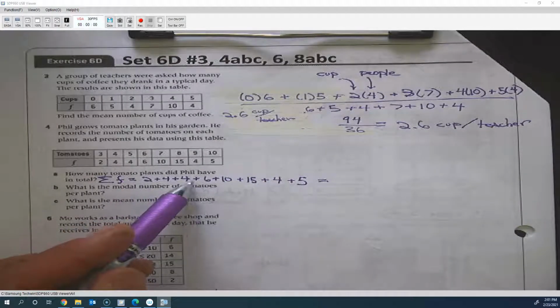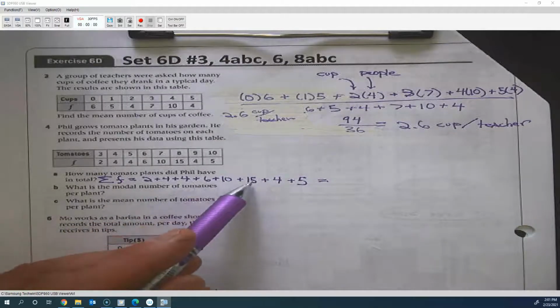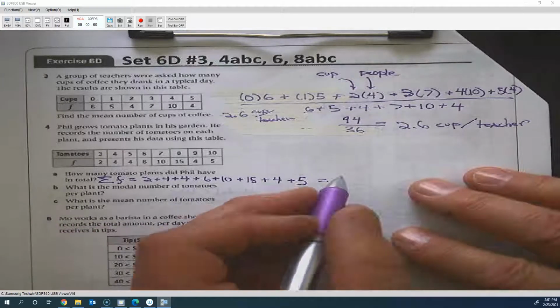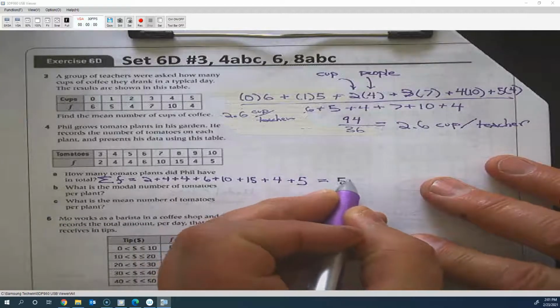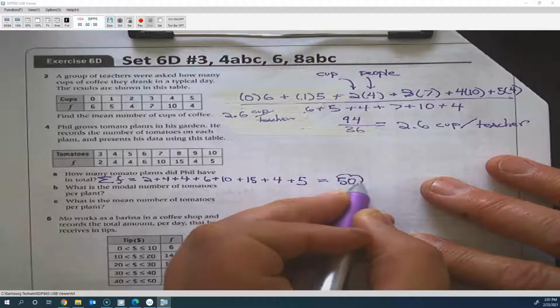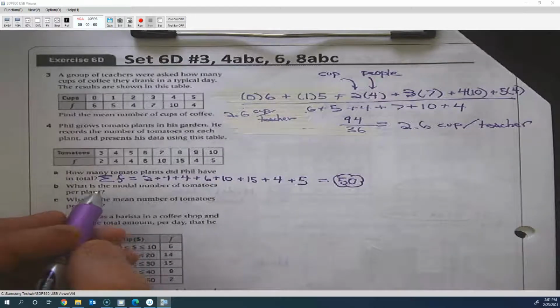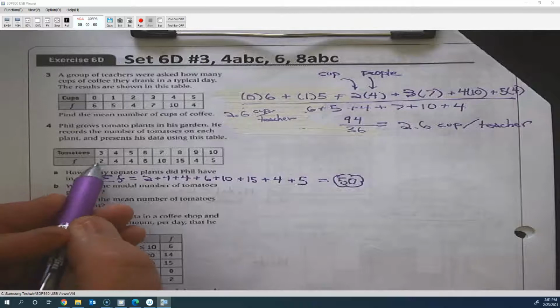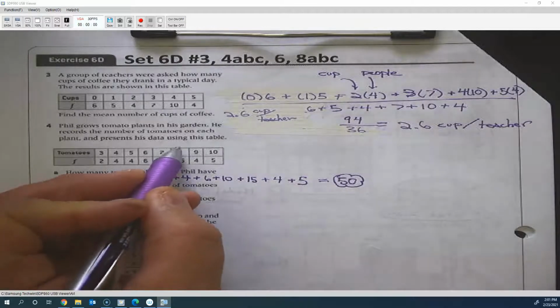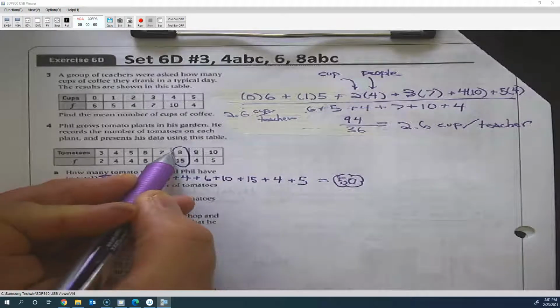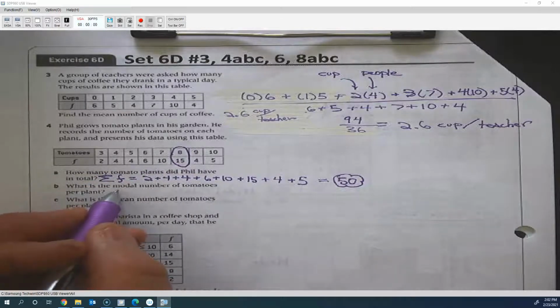So 10, 26, 41, 50. Okay, now it's asking for the modal number. So let's see, the biggest frequency is 15. So the number of tomatoes associated with those is 8.